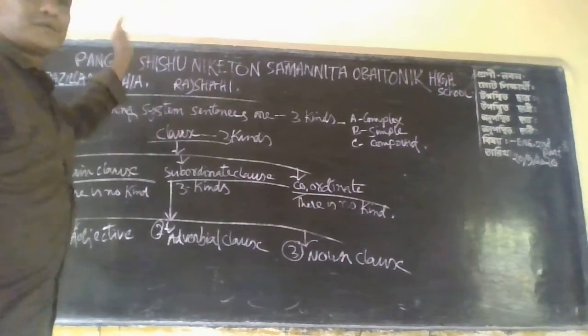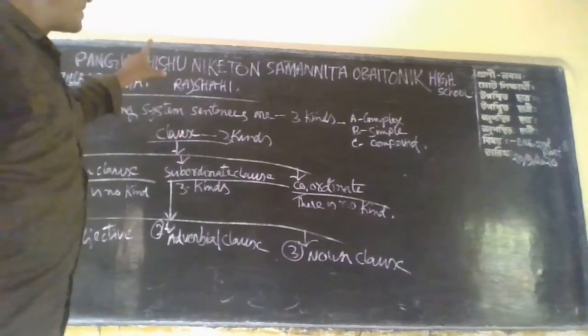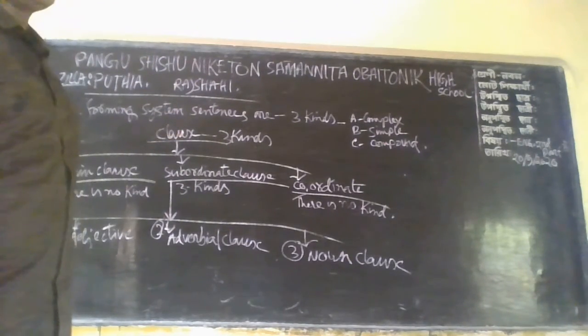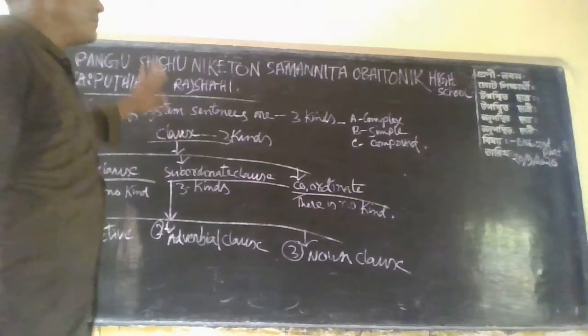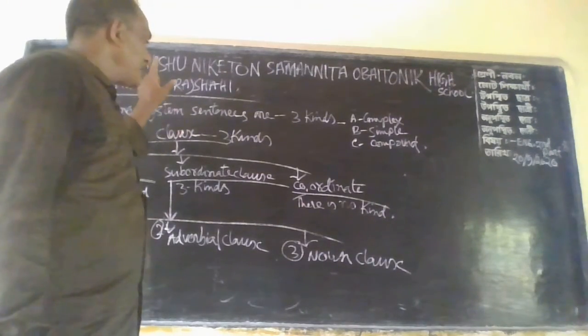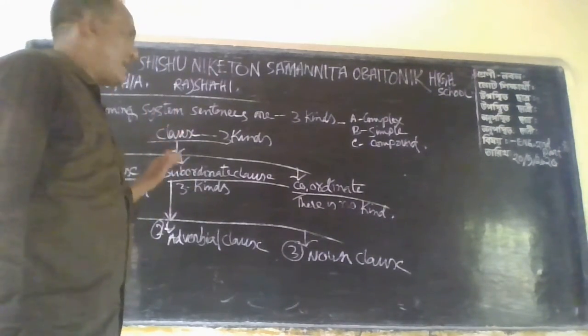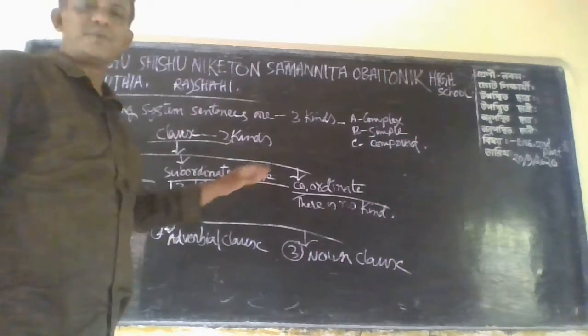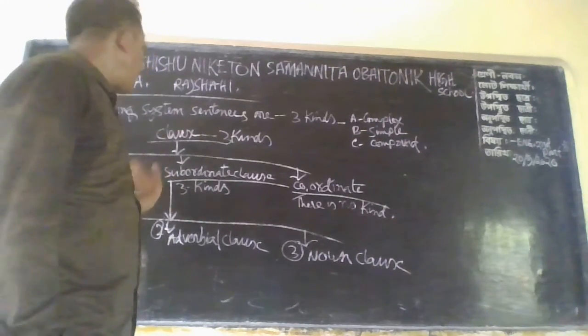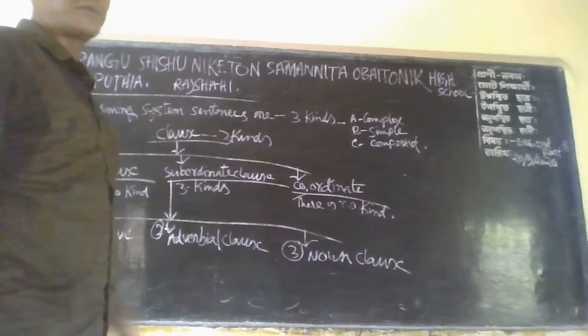That means this is the formation of the clauses. Complex sentences arise from two kinds of clauses: main clause and subordinate clauses.